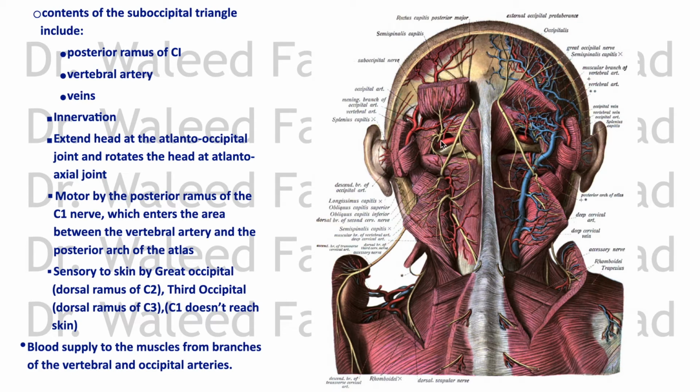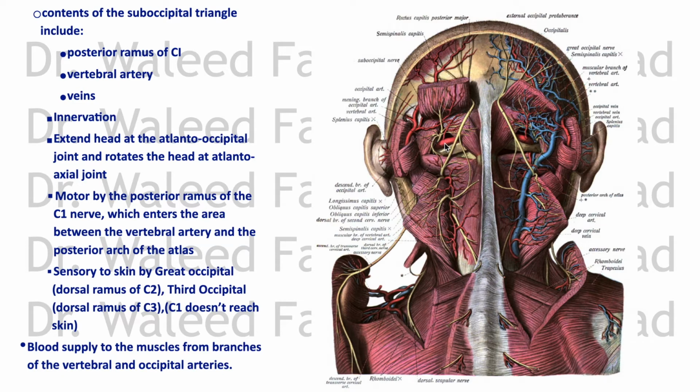Now, in this drawing, there is a mistake, and trust me, you will find mistakes in atlases like this one. See, this is the dorsal ramus of C1, which supplies only muscles. It's short and does not supply skin. Actually, it supplies the muscles of the suboccipital triangle. It should come out between the artery and the bone, meaning below the vertebral artery, above the posterior arch of the atlas, or between the two.